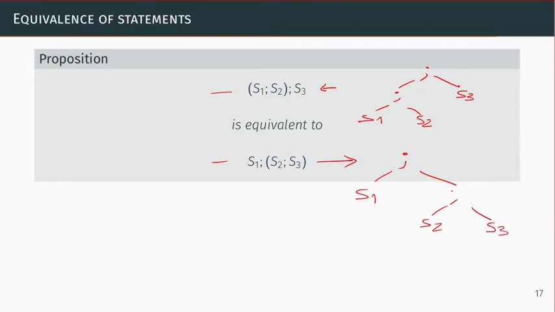Well, both things are semantically equivalent, and this can be proved by using the definition we have seen before and the rules of sequence. The proof of this is one of the exercises that you can find in the Campus Virtual, so I leave it to you as an exercise.